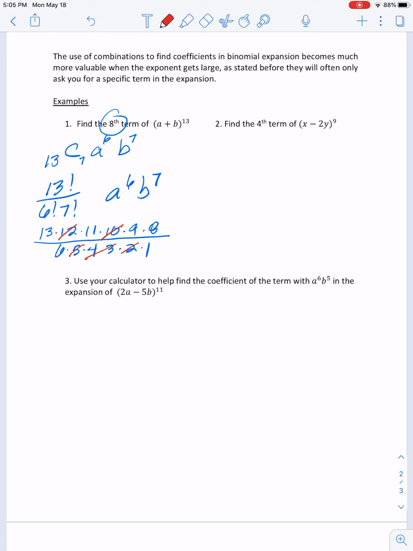And then you could say the 6 factors into 3 and 2, so you've got 3 left over there, 2 there, and then you could cancel the 2 with the 8 and make it 4. Again, that's not to say that that makes it easy, but all you have left is 13 times 11 times, so you really have 13 times 12 times 11.